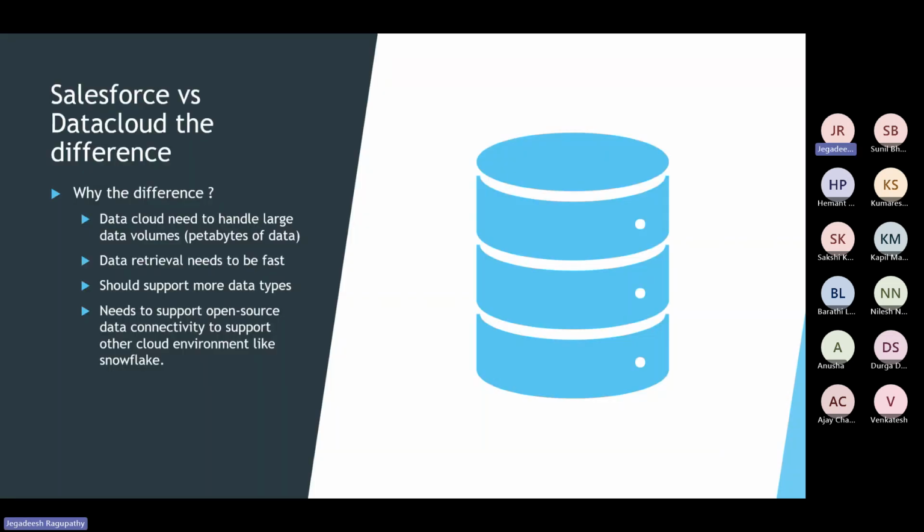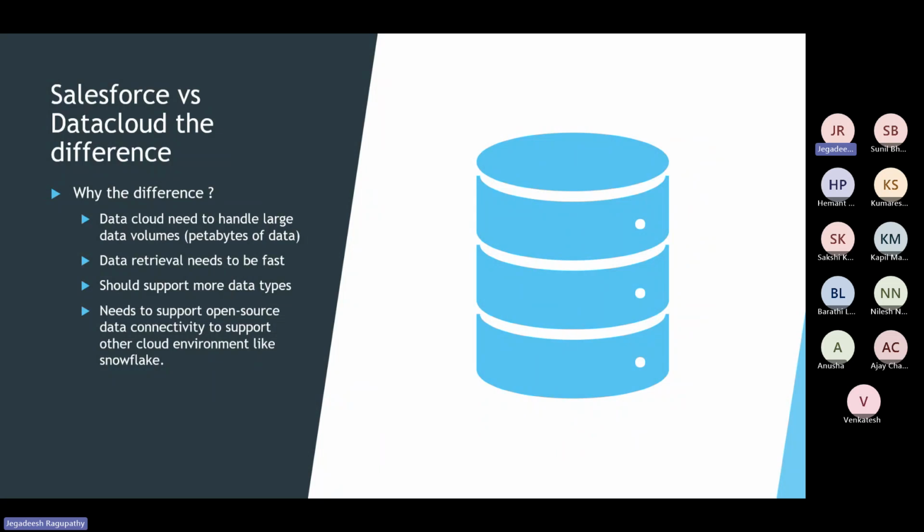Here we come to the difference between Salesforce and data cloud. Salesforce, we know, handles data up to gigabytes. We are able to process 5 million records in a query in batches, right? So it can handle several GB of data in all the objects.